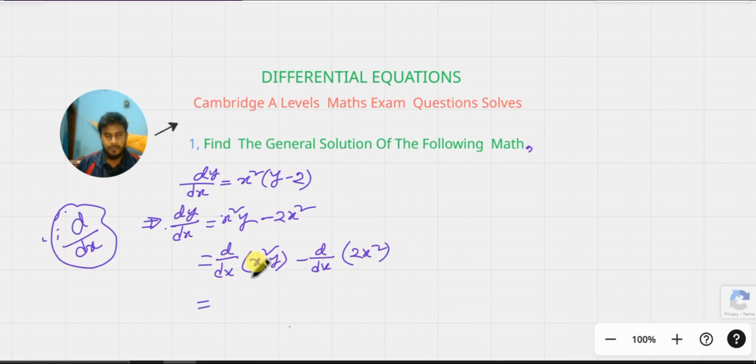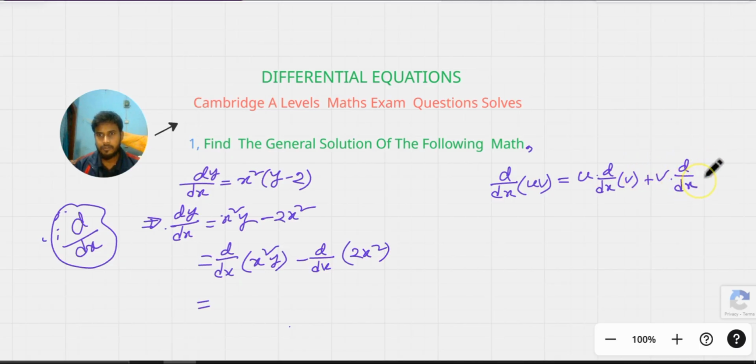Okay, here the uv formula will be applied. I am writing the uv formula so that you can understand: u d/dx of v plus v d/dx of u. So this formula will be applied here.